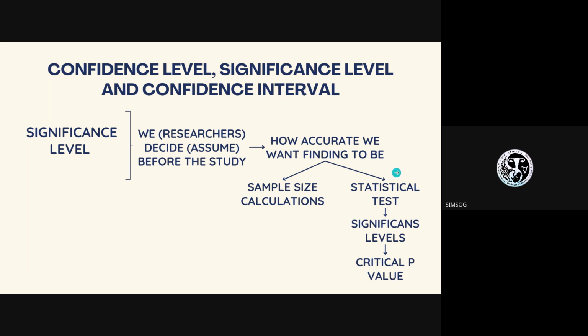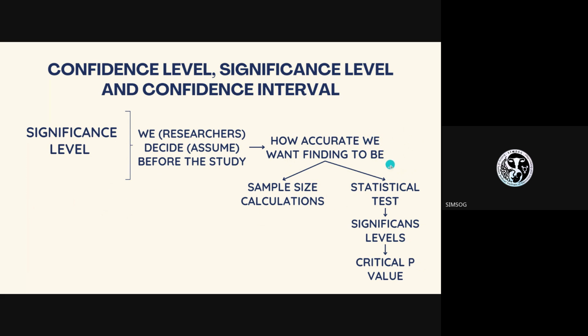Beta will affect the sample size calculation, and so will alpha. Remember, alpha is 1 minus the significance level. So if we say we want a significance level of 95%, then our alpha, that is, the type 1 error probability, would be 5% or 0.05.